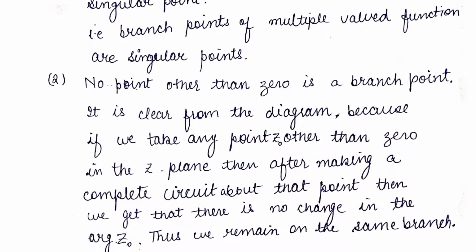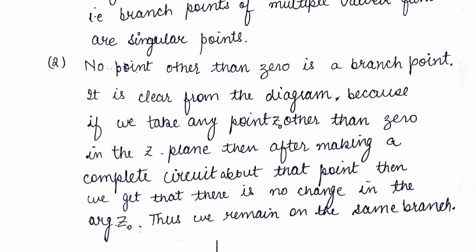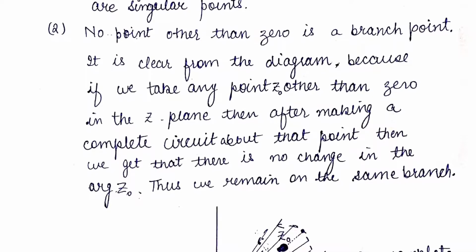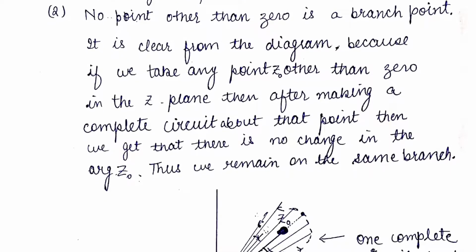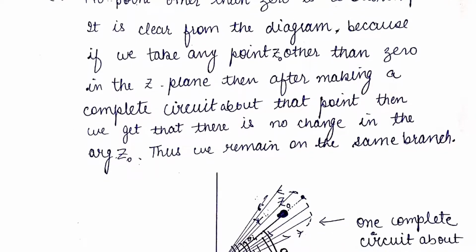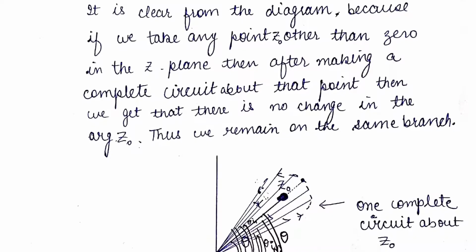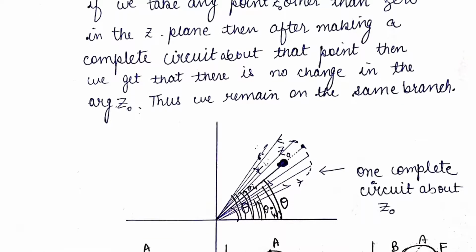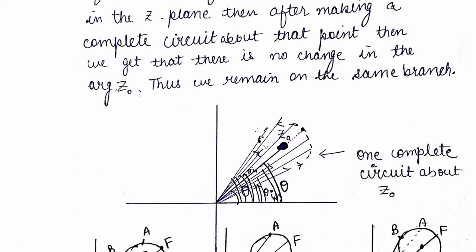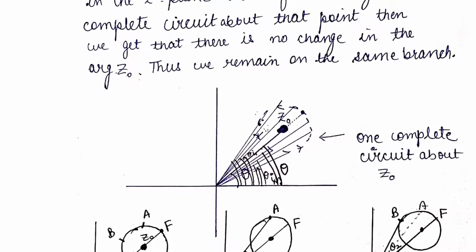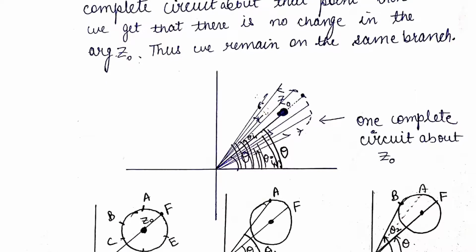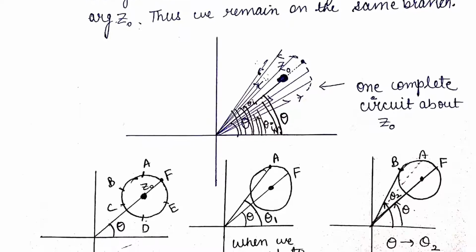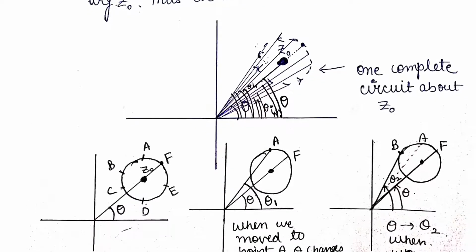One thing you will notice here is that no point other than 0 is a branch point of the function w is equal to z raised to power 1 by n, because you can see here that if you take any point different from 0 on the z plane, say z0, and you make a complete circuit about z0, and let us take points F, A, B, C, D, E on the circle, then when we move from F to A to complete the circuit about z0, you can see that the angle theta changes to theta 1.